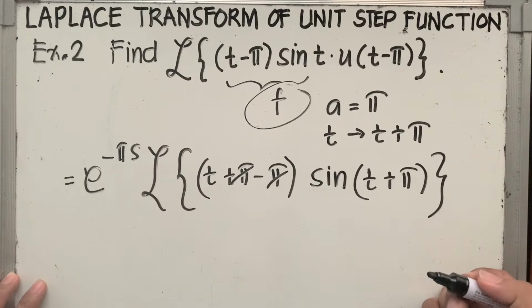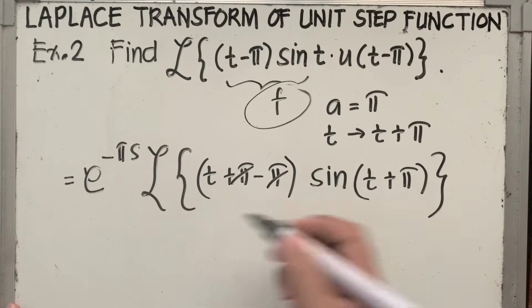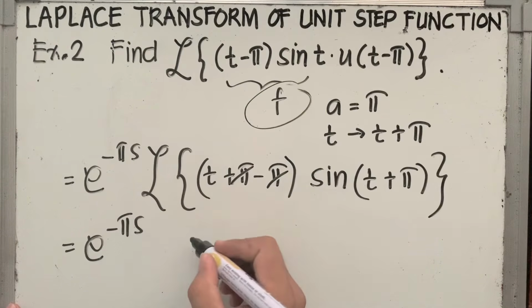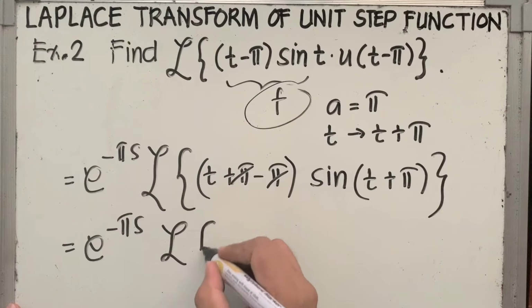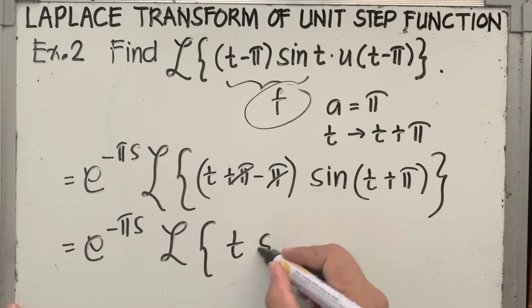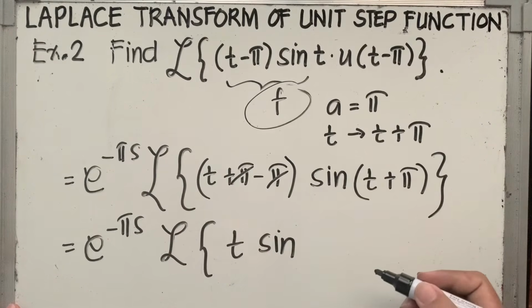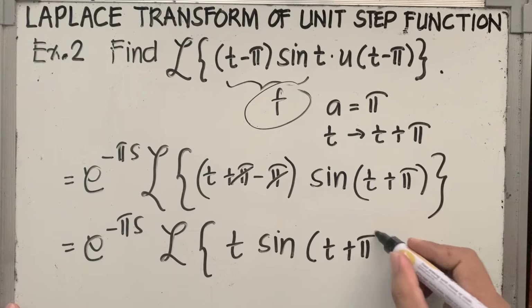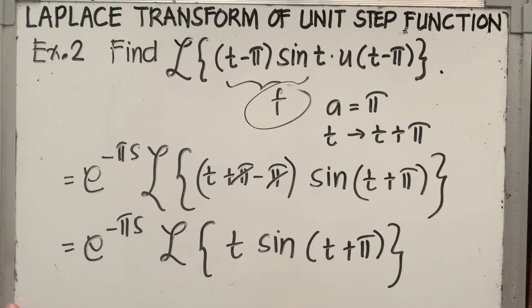So, ayan na. Yun lang ilalaplace natin. So, we will rewrite first e raised to negative pi s times Laplace of t sine of t plus pi. Okay, so simplify muna natin ito, yung sine of t plus pi.